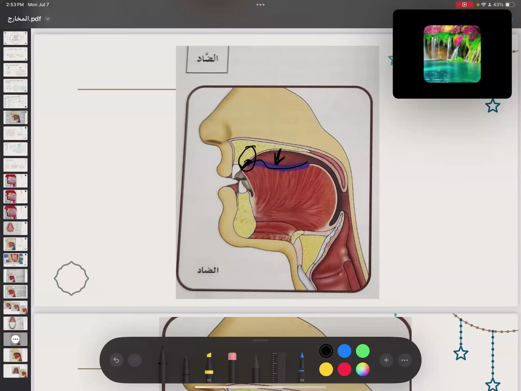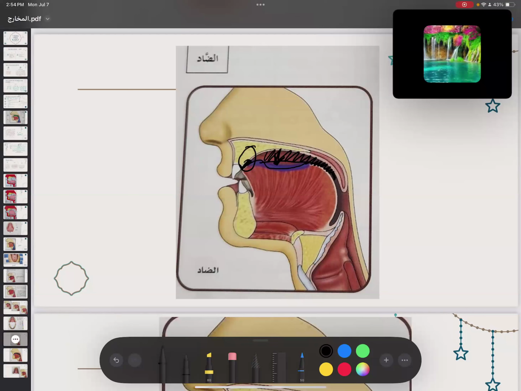Your tongue is spread, and the sides of the tongue are touching the side teeth, and the tongue itself is flat. But the jawf area here is very, very small.